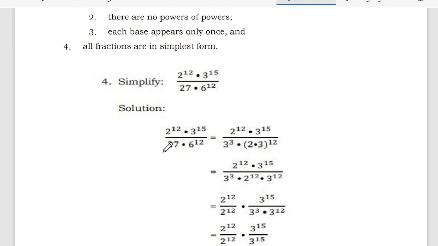So, ang 27 written in the form of 3 raised to 3. Okay. So, yun. 3 raised to 15. Okay. Ang 6 can be written as 2 times 3 raised to 12. But this can be also written as 2 raised to 12 and 3 raised to 12. So, cancelled na ito.